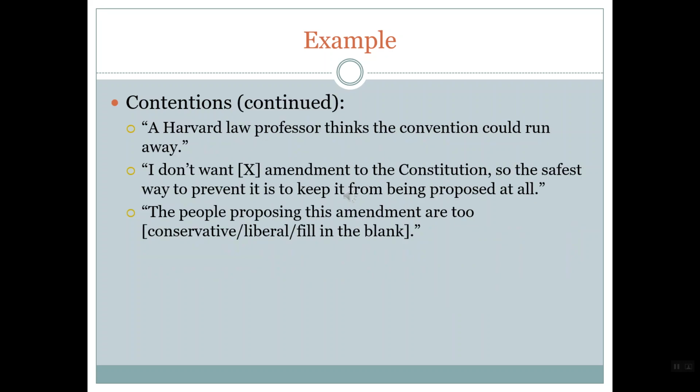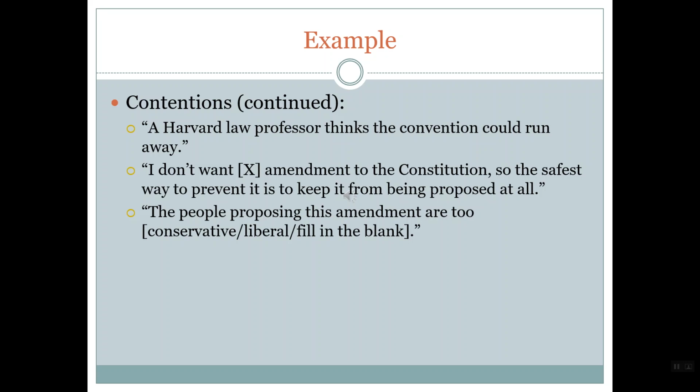Slide 8 contains the other three arguments against allowing a convention of states. One argument is that a very smart law professor at Harvard has said that the convention can run away, and therefore we should be worried about a runaway convention. Another argument is that so-and-so doesn't want this amendment to the Constitution, so to prevent it from being proposed at all, let's not have a convention.